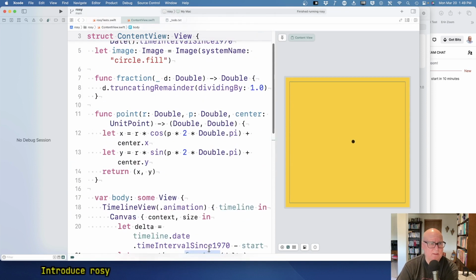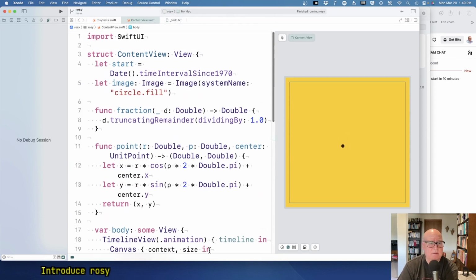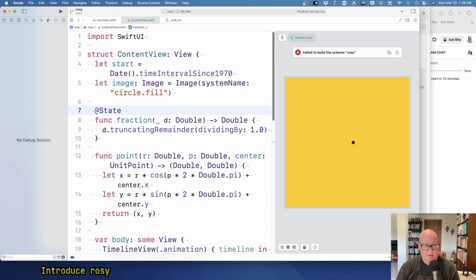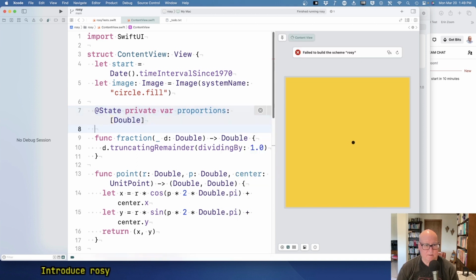Alrighty. So what I'm going to do is, I'm not sure if this is the right thing to use, but what would we call these? Proportions is an array of double, and starts out empty.